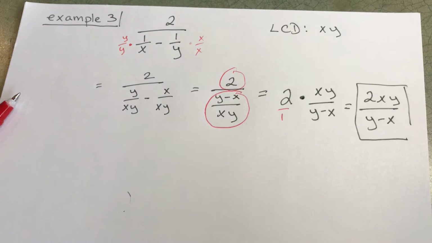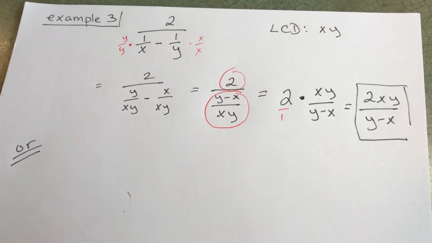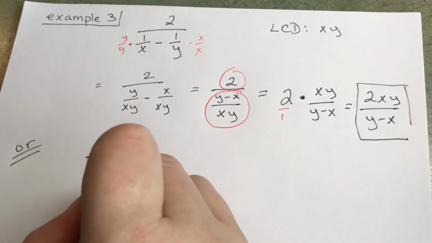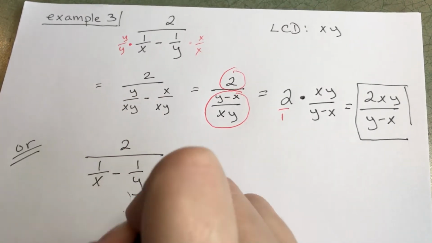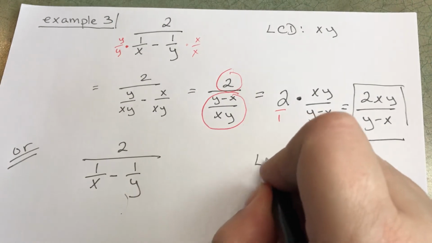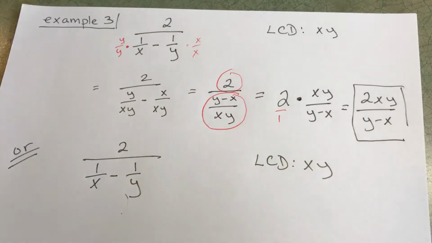Okay, the other method for doing this, you're starting with the same equation. You find that least common denominator, which is still going to be xy, and you multiply the whole fraction by that.